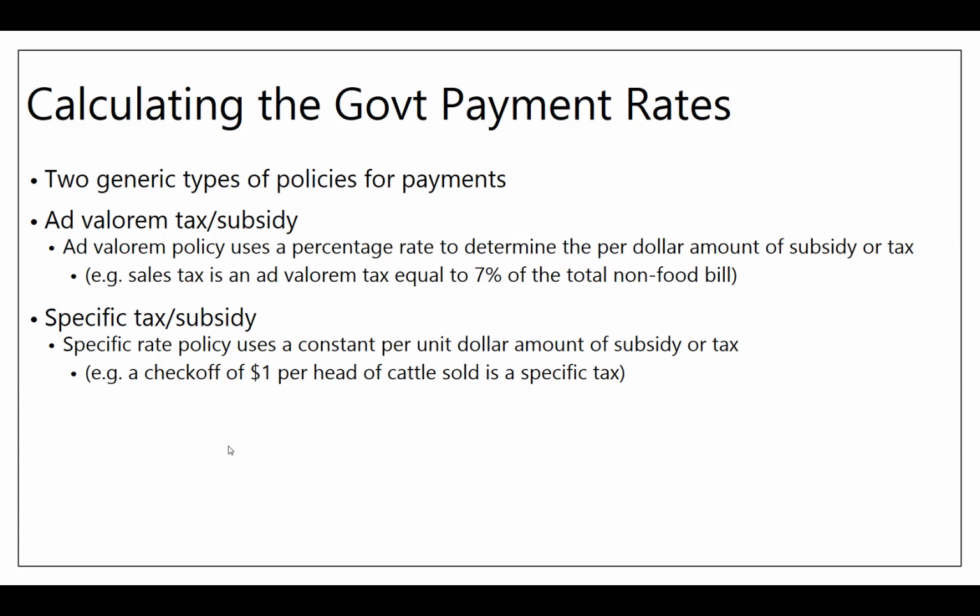So basically, ad valorem are tied to the prices, so it's a percentage for every price unit, and here it's a constant amount for every quantity, okay? One is tied to my revenue or my costs. Here, the subsidy or tax is tied to my output or my input, right? So it's either quantities or dollar figures.